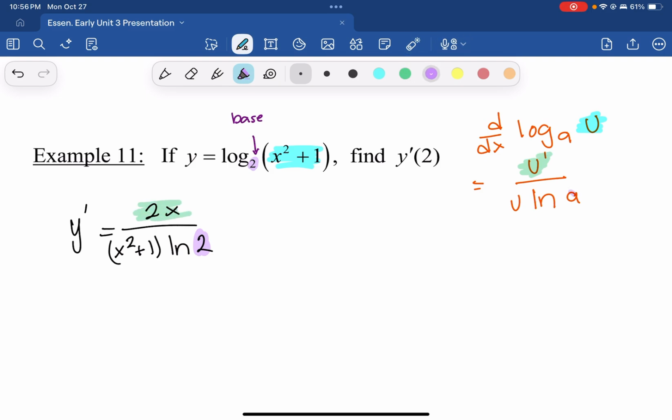Kind of color code some stuff here for you so you can see where it all comes from. And that natural log of 2 is a number.